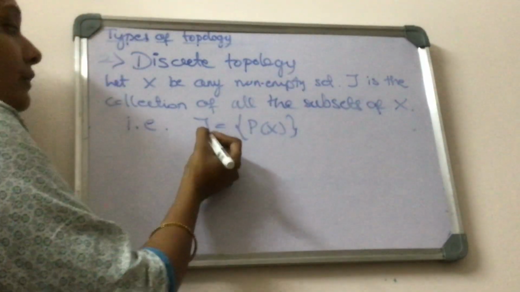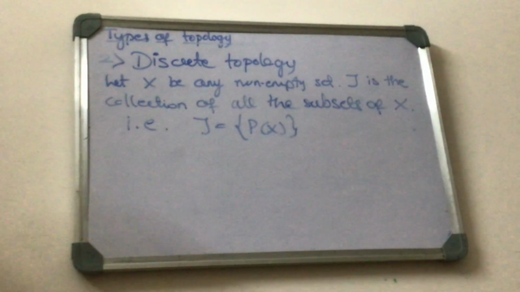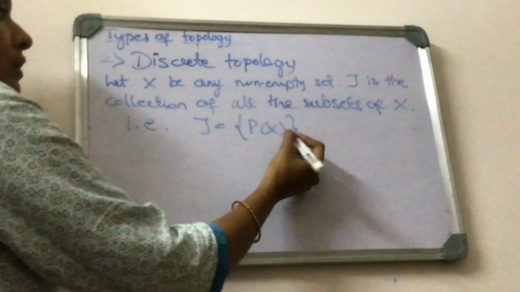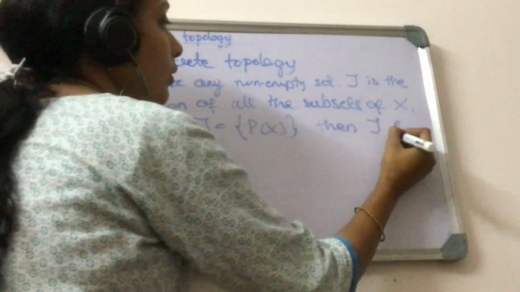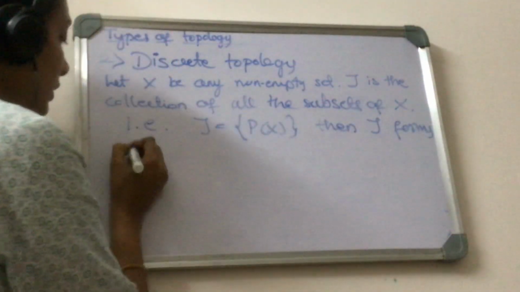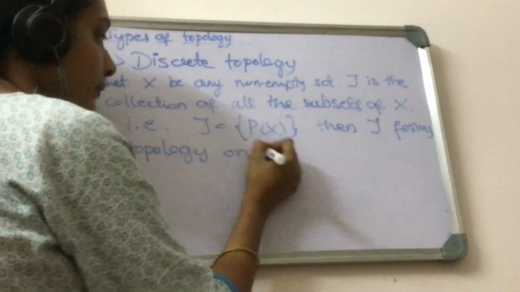Okay, so if tau, that family of subsets, contains all the subsets of X, then tau forms topology on X. So that forms the topology on X. How?